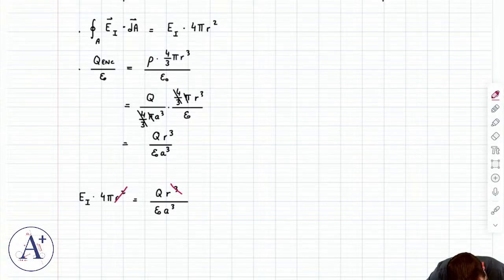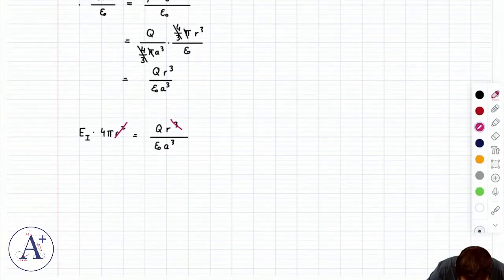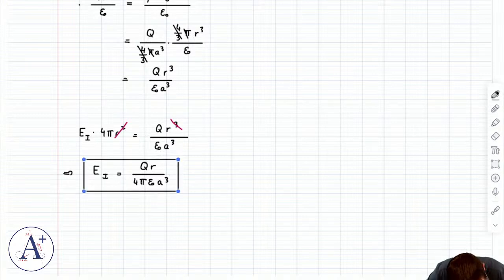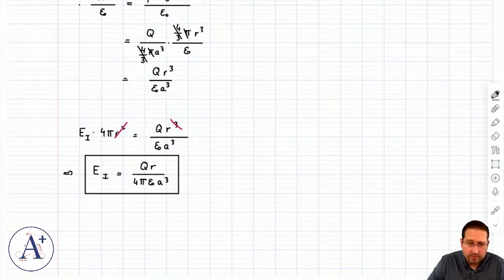All right, r squared kills the cube, and that's about it. We get E1 is equal to Q r over 4 pi epsilon naught a cubed, radially outward. Okay, that's E1. That's actually the hardest one.